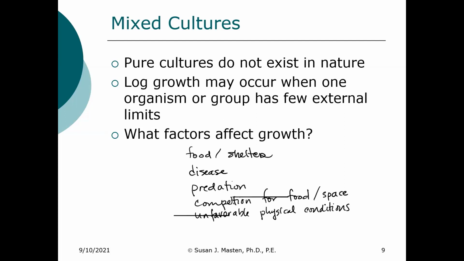If you have multiple organisms, which is the organism that is most likely to survive? Which is going to be the more successful organism? The one that can adapt to changing conditions. So adaptation is extremely important, the ability to adapt. What else?